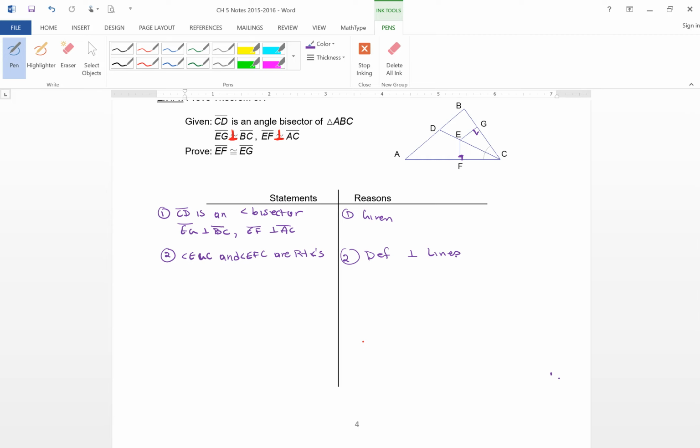All right, so what we need to do here is we want to prove this triangle ECF is congruent to this triangle ECG. Okay? To do that, I now have a pair of angles that are congruent. So that's what I'm going to say next.